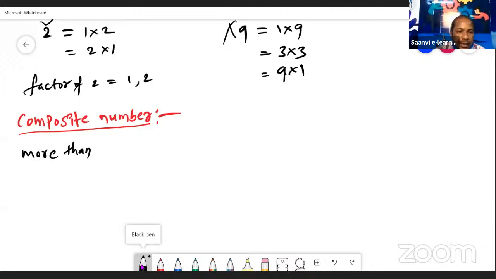If a number has more than two factors, such a number is called composite number.